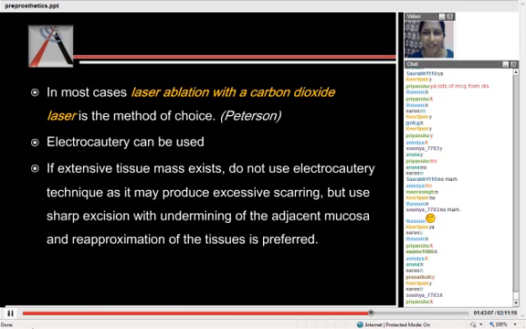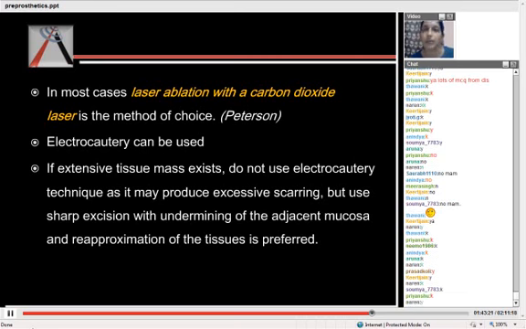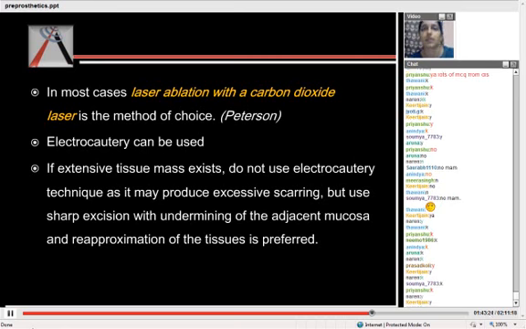Always try not to touch the periosteum of the bone, because remember, if you reflect or touch the periosteum, resorption will definitely occur in that part of the bone. So anything that you do, you try your utmost not to touch the periosteum. Always a supraperiosteal incision is advocated.